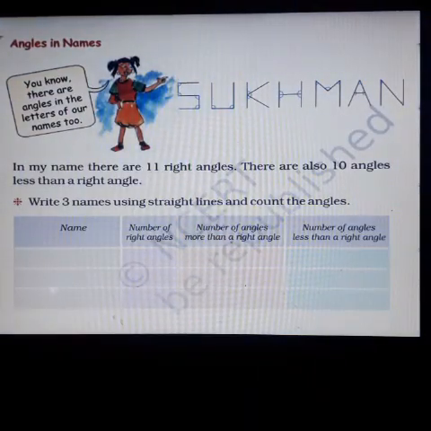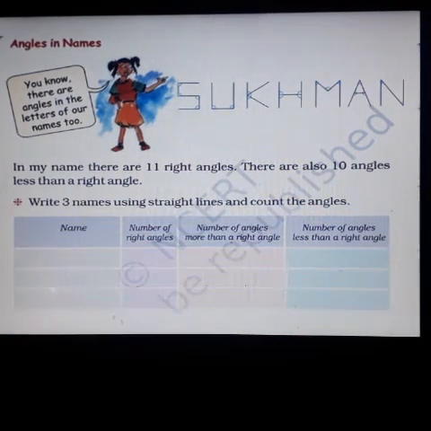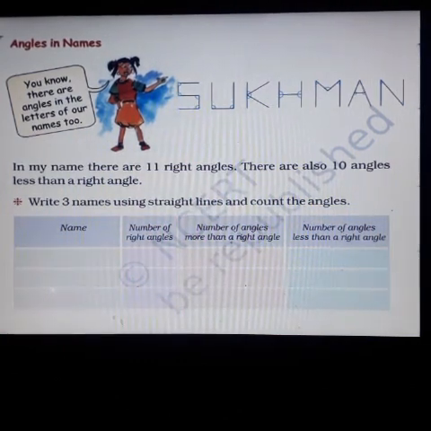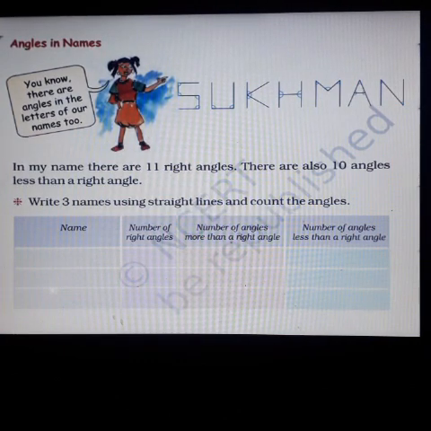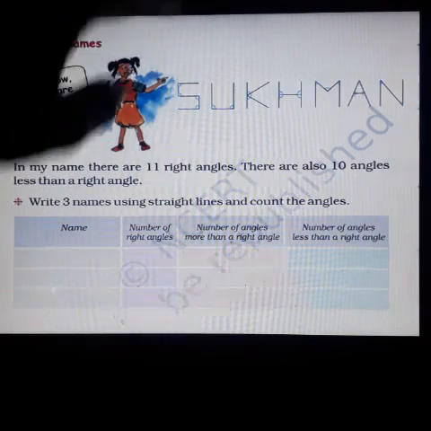Now angles in names. In names also we can find so many angles. Let's see how. See here, one girl is there who has written one name, Sukhman. In Sukhman, 11 right angles are there. Which are the 11 right angles? Let's find out.